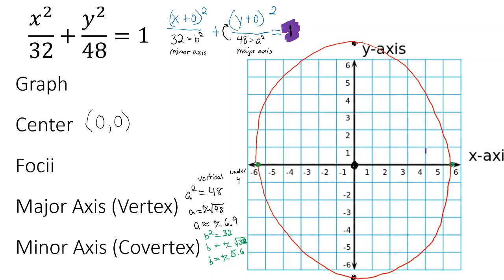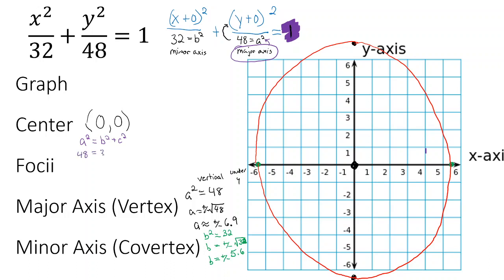Now the tricky thing here is calculating the coordinates of the foci. So remember, the equation is a squared equals b squared plus c squared. We'd like to find c. So a squared, again, is the major axis, written here as 48. That's always got to be the biggest number.